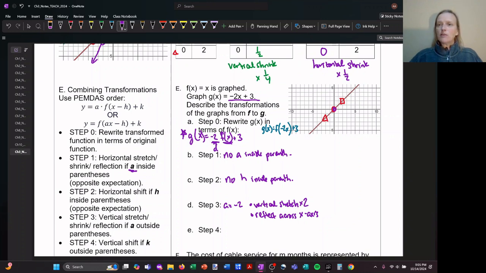But here, instead of going up 2, I'm going to double that because of the stretch. I'm going to go up 4, but it also needs to be a reflection. So I'm actually going down 4. I'm coming down here and plotting a point at 2, -4.